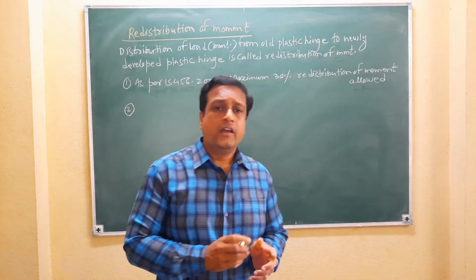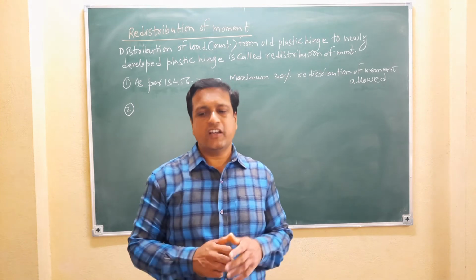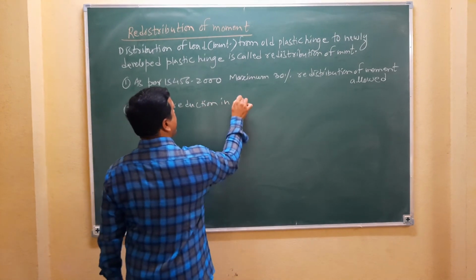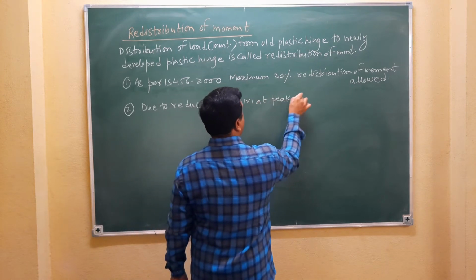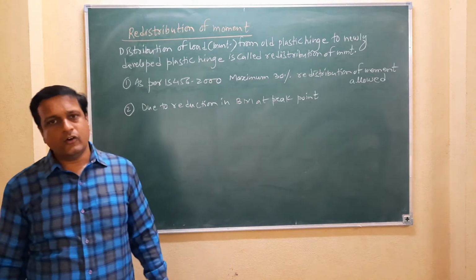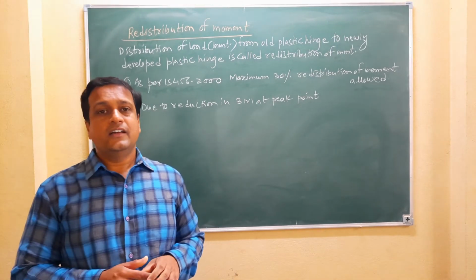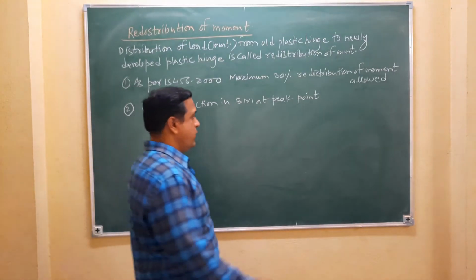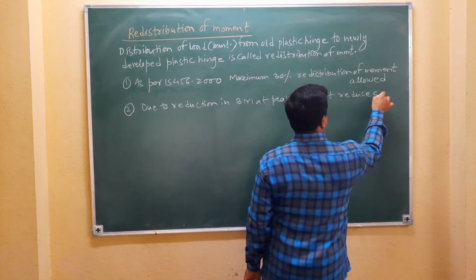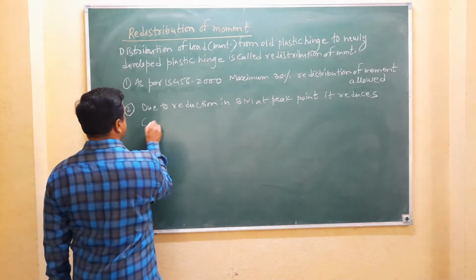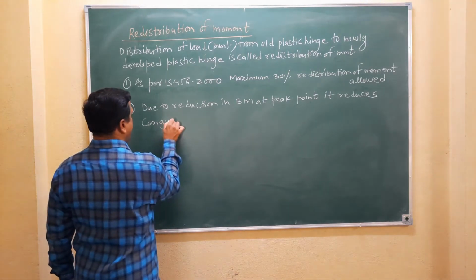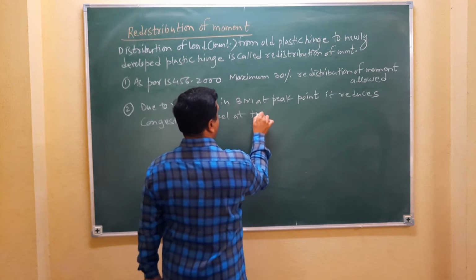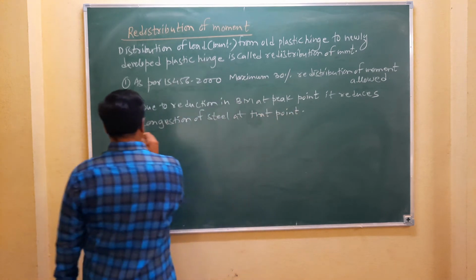The second point is: due to reduction in bending moment at the peak point, obviously there is a reduction in the congestion of steel at that point.